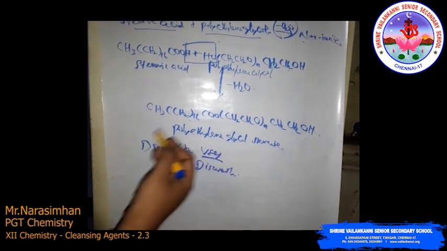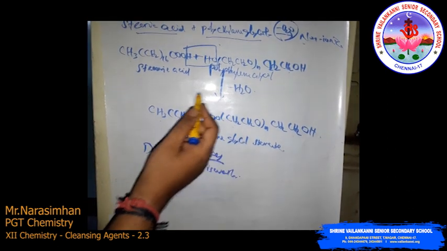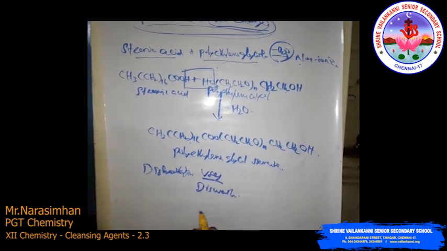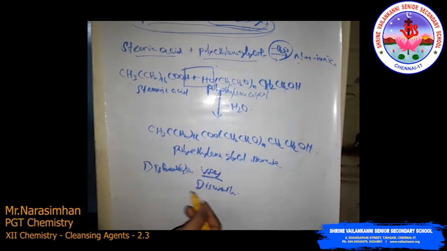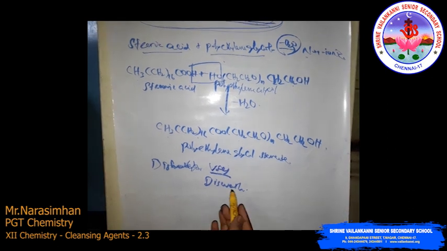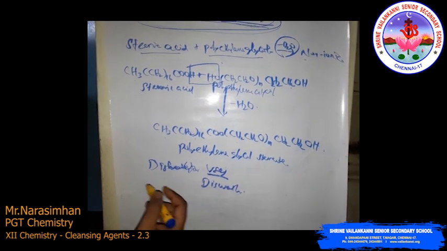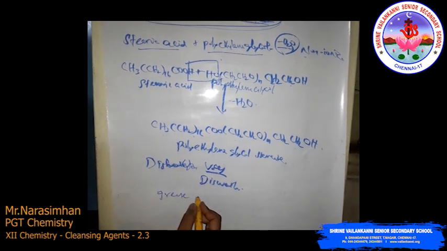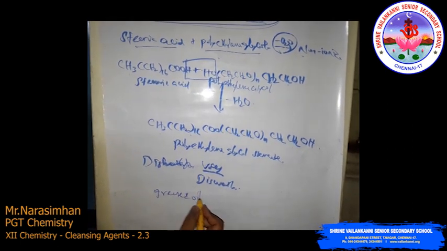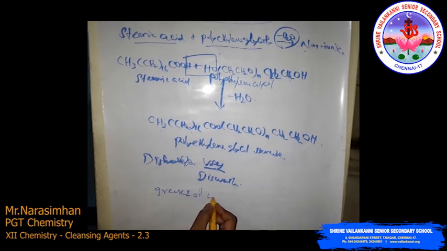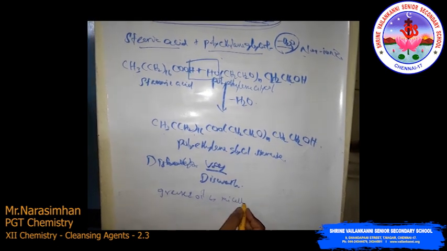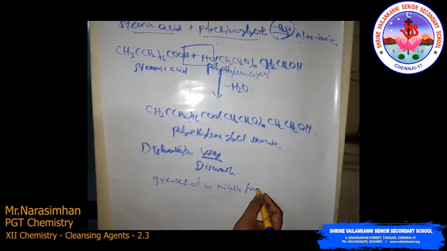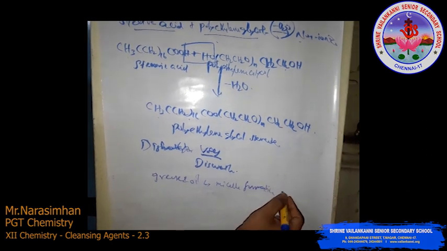The mechanism of cleansing action of this detergent is the same as that of soap. These also remove grease and oil by micelle formation. We will see micelle formation in surface chemistry.